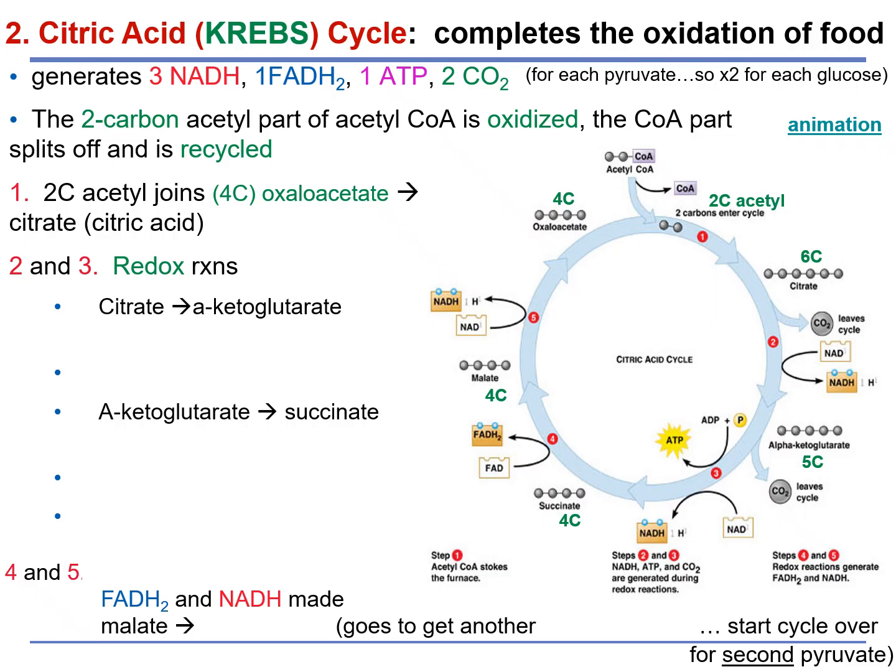Citrate becomes alpha-ketoglutarate because of the loss of carbon in carbon dioxide. And then after that, NAD plus becomes NADH.